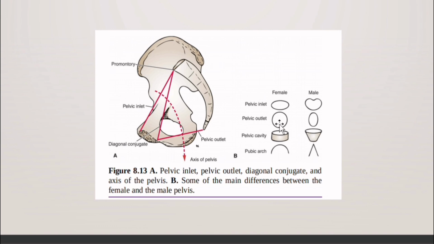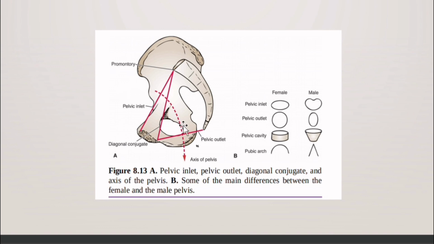Then the pubic arc in females is kind of concave, and that of the males is angular. And see that the subpubic angle in females is bigger than that in males. In females it is about 80 to 85 degrees, in males about 60 to 65. So this is the pathway in which the baby comes out.